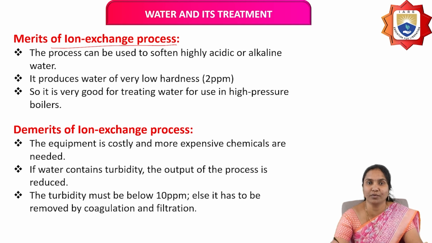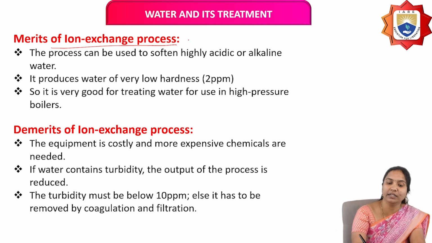In this ion exchange method, it can completely remove hardness causing ions and also minerals. The water is completely free from all the cations and anions, with only H plus and OH minus ions present. That is the main difference between the other softening methods and the ion exchange method.